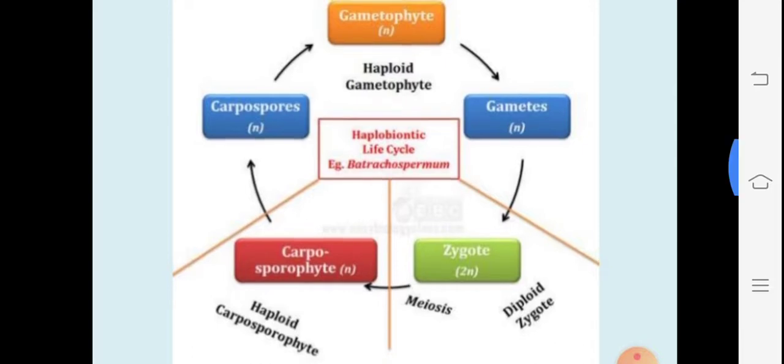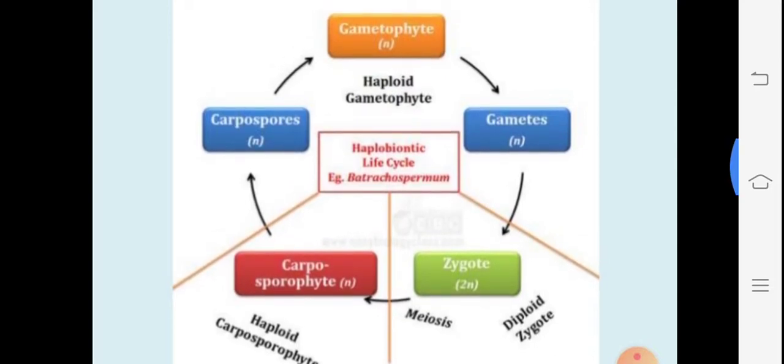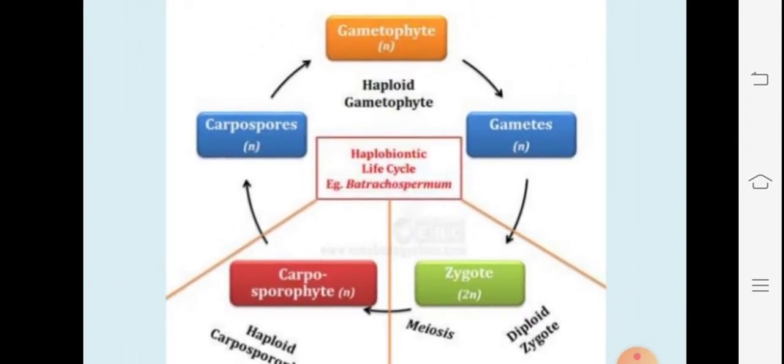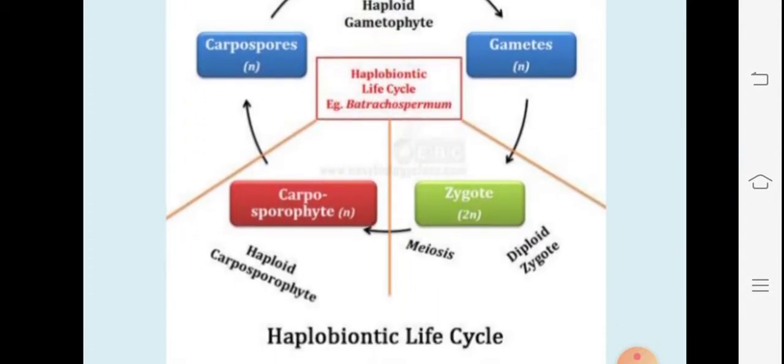Commonly it is seen in Batrachospermum, a genus we have already seen. It is only found where there is unpolluted water, flowing rivers or streams with no pollution. This carposporophyte develops haploid carpospores. The carpospore directly germinates and gives the haploid gametophyte. Therefore it is called haplobiontic.